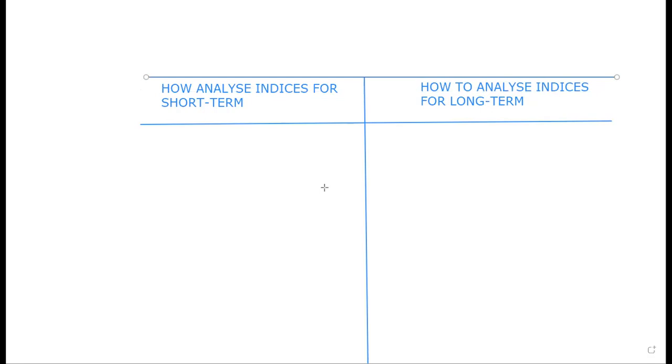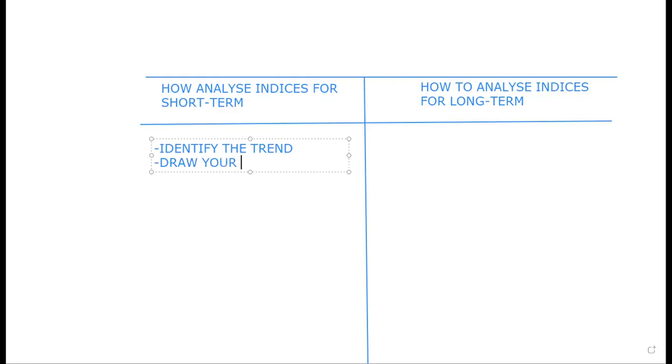With all of this, I feel like it's the same thing. The first thing you have to do is identify the trend. That's number one. Number two, after identifying your trend, you have to draw your trend lines.